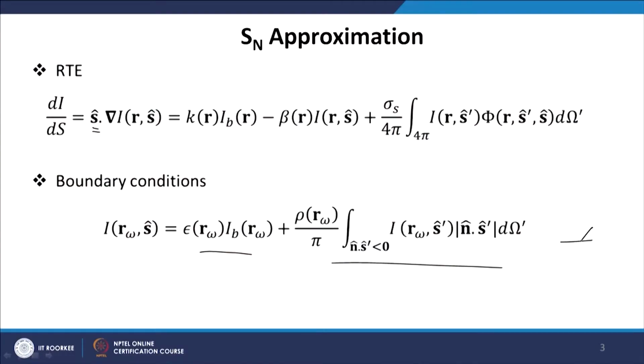We are interested in intensity coming from all directions and reflected in a given direction, and this direction is S cap, and all the directions are represented by S cap prime. So, these are the governing equations, we have observed them many times before. Now, how do we approximate in the discrete ordinate method, that is the SN approximation?